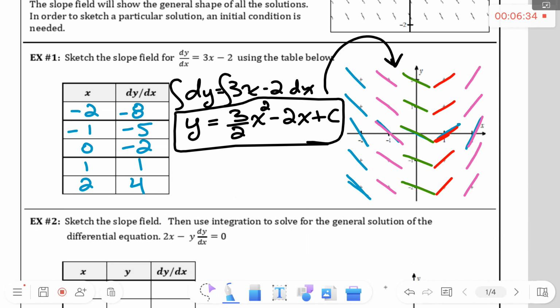Differential equation. Now that one is decently not too complicated because there were no y's in here. There's no y variables, really making it a true differential equation.